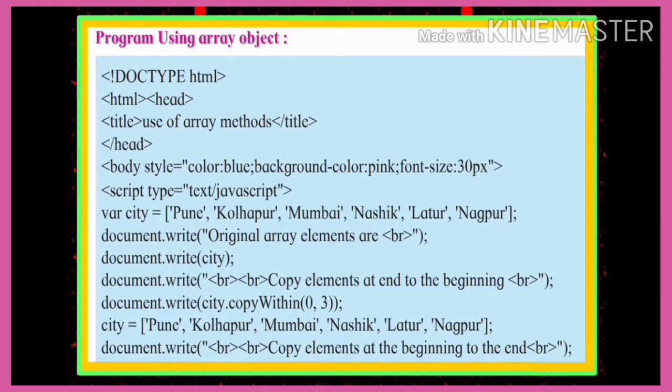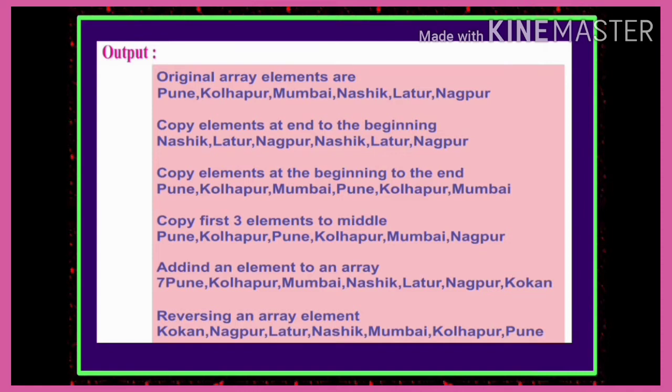Just save the program, run on the browser and see the output. Here it replaces the first 3 elements Pune, Kolhapur and Mumbai with the third position's elements Nashik, Latur and Nagpur. So you will get the output copy elements at end to the beginning, and the elements are Nashik, Latur, Nagpur, Nashik, Latur, Nagpur.